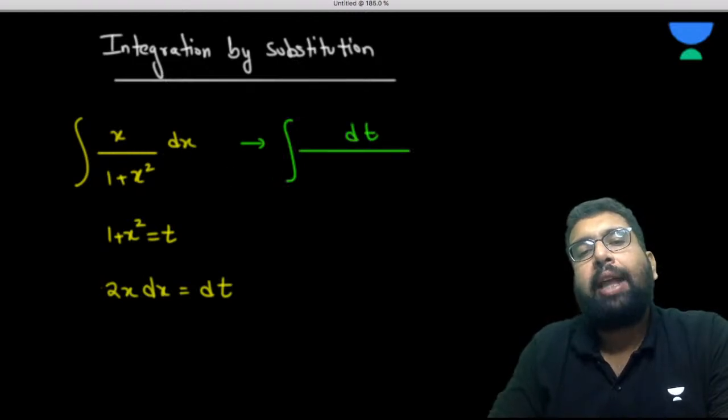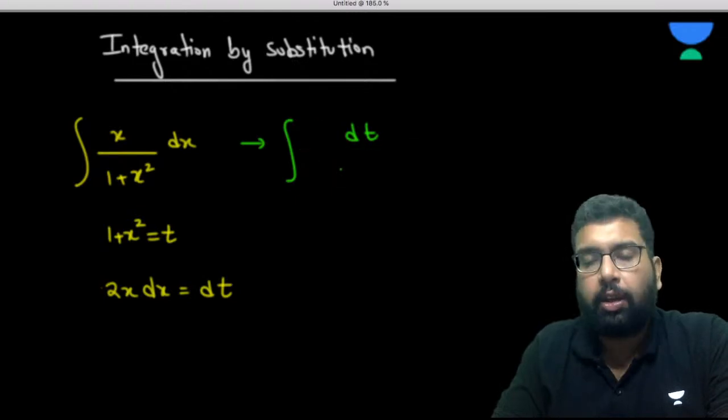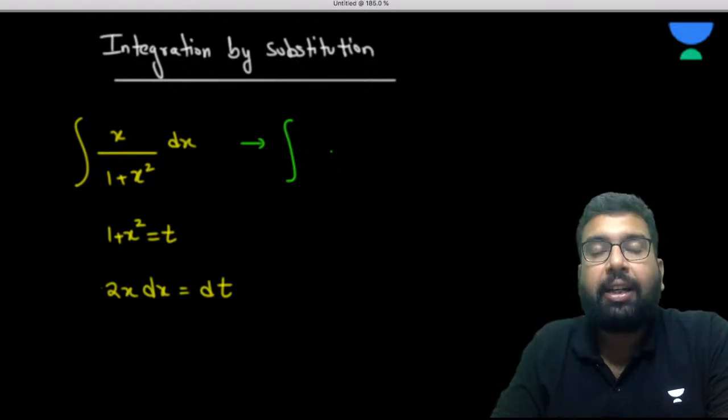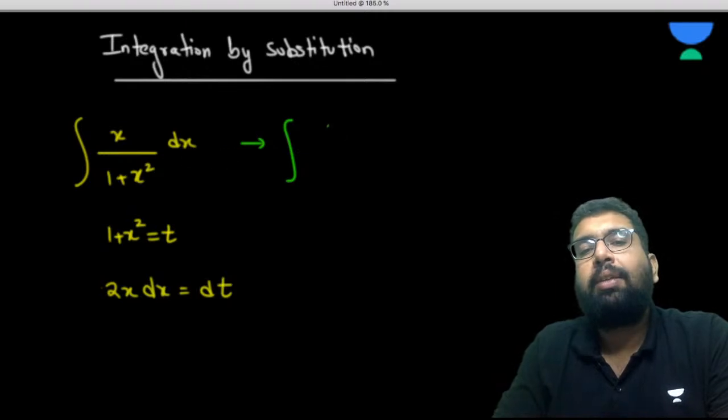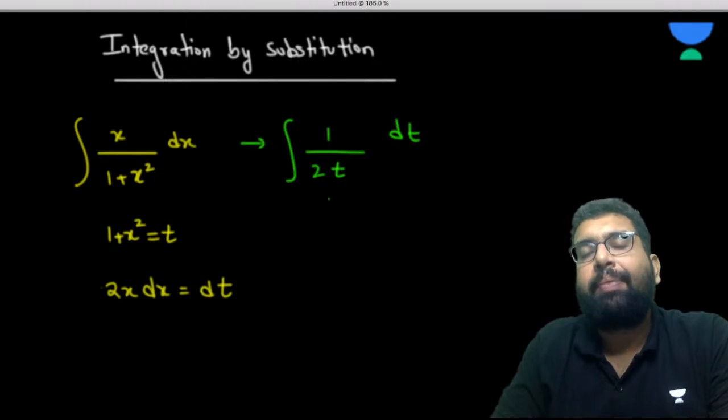Normally we do this substitution so that some terms are reduced and the integration simplifies. So x dx is replaced by dt by 2, so I'll write 2 here, and this whole 1 plus x square becomes t. Now it is very simple to integrate.